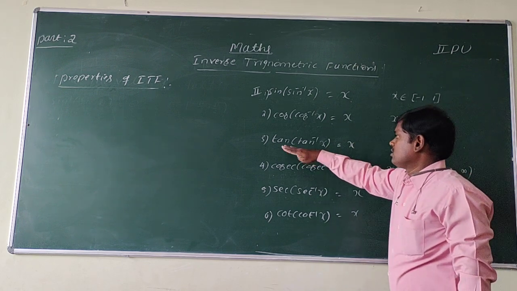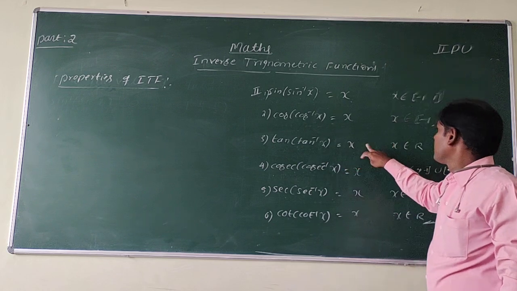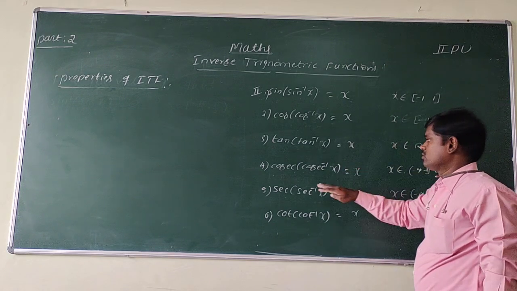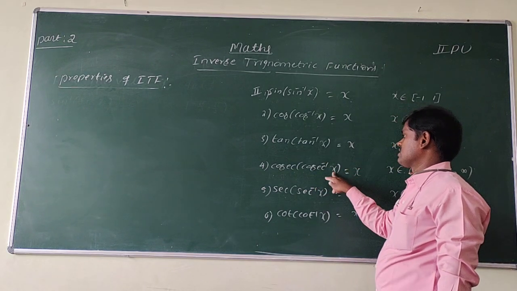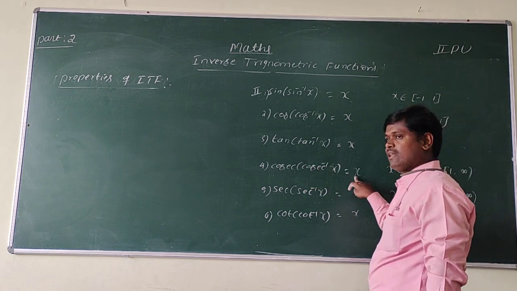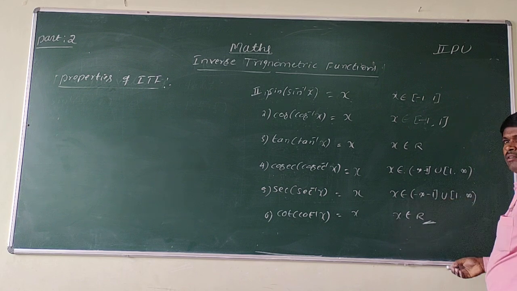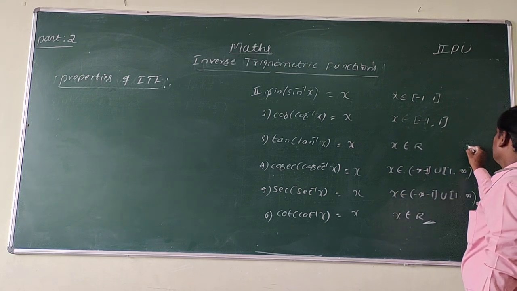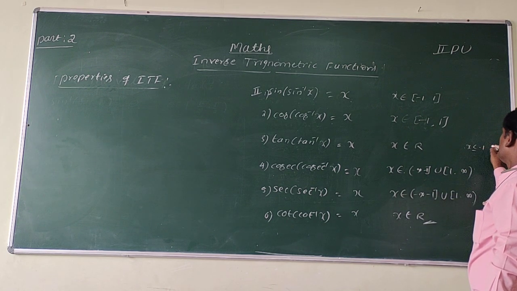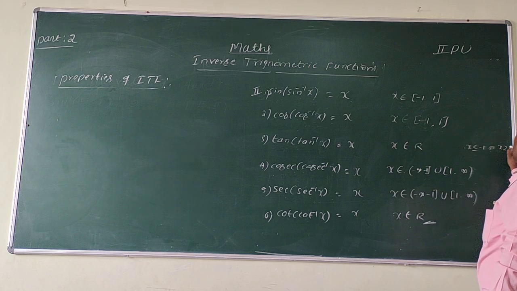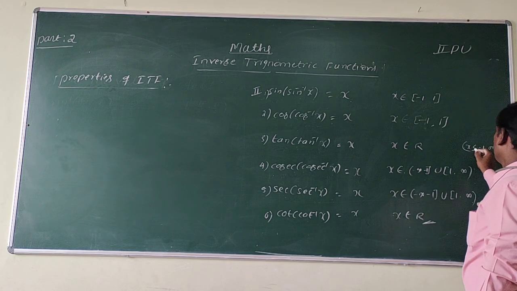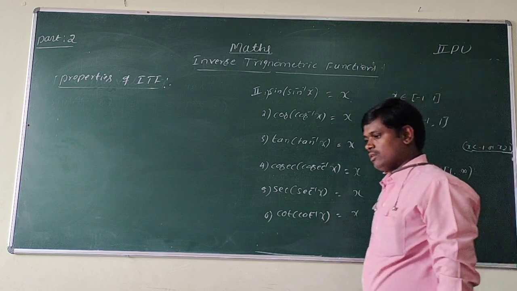Tan inverse of x is equal to x if x is any real number. Cosecant inverse of x is equal to x if and only if x is less than -1 or x is greater than or equal to 1. So both are same. Okay, third property.